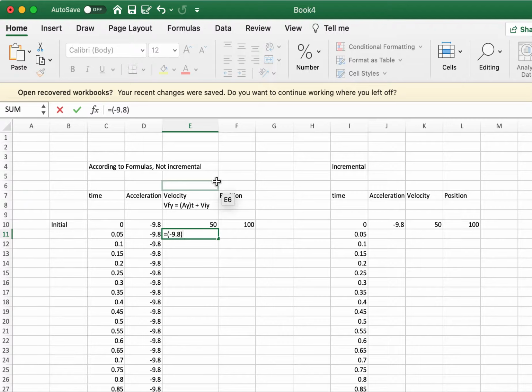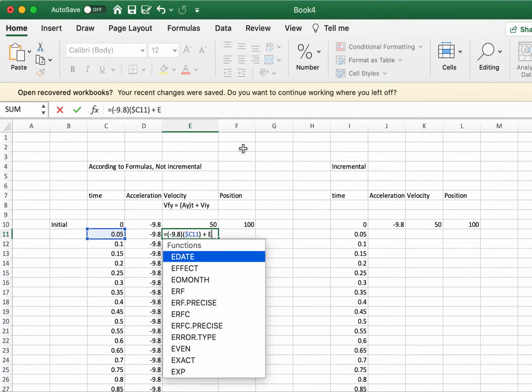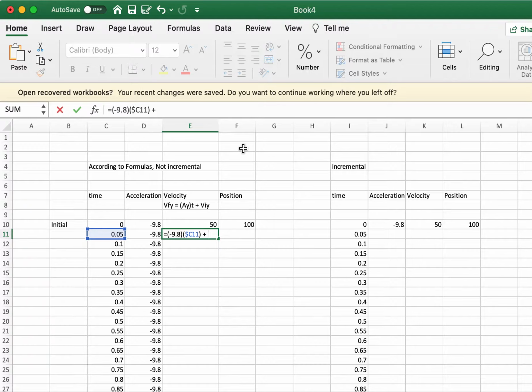And then we'll do times t, and that I actually do want to call a column up for. It's $C11. So I'm calling up the current time according to my time scale there. And then I want to add in the initial velocity, which comes from the cell above, so I'll put in E. You don't even have to do dollars in this one, but I do need dollars in this one.